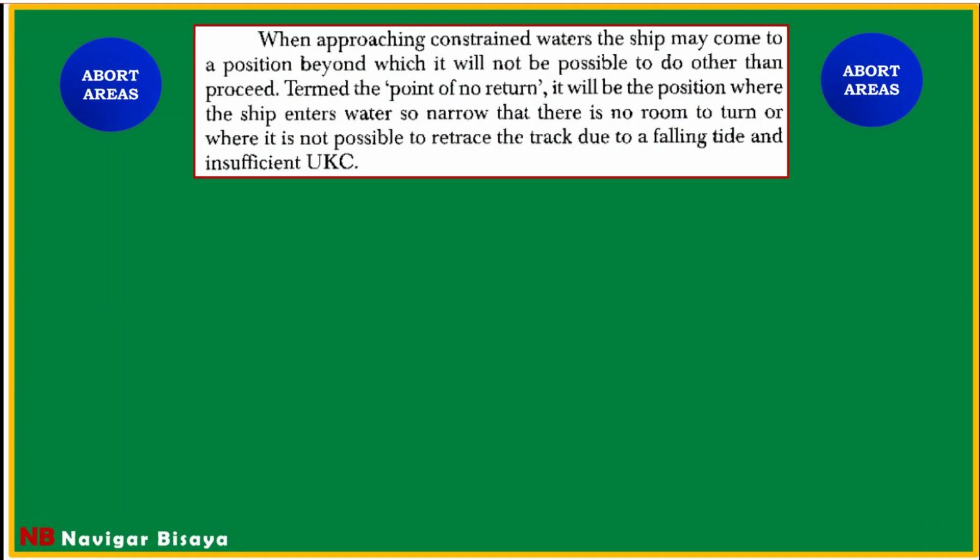Abort areas. When approaching constrained waters, the ship may come to a position beyond which it will not be possible to do other than proceed. Termed the point of no return, it will be the position where the ship enters water so narrow that there is no room to turn, or where it is not possible to retrace the track due to a falling tide and insufficient underkeel clearance.